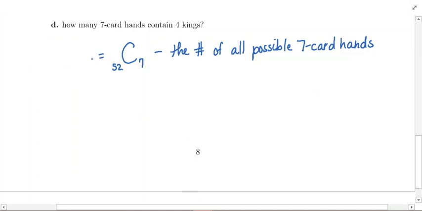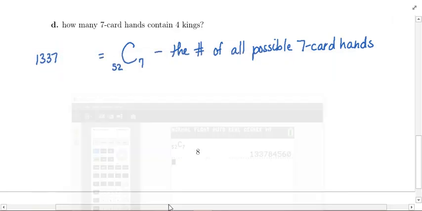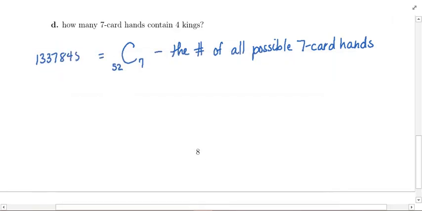I did not catch the number, so let me just write it down. There we go, let me put some commas on it. We have 133,784,560 possible 7-card hands with no restrictions.